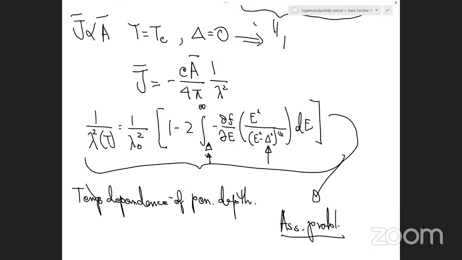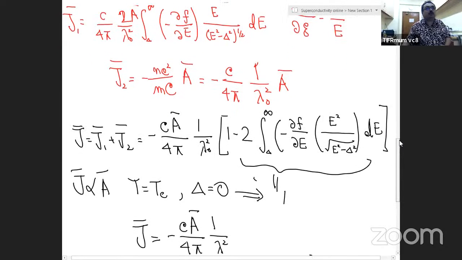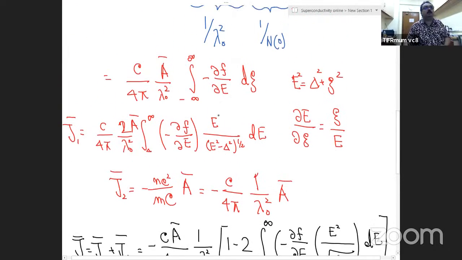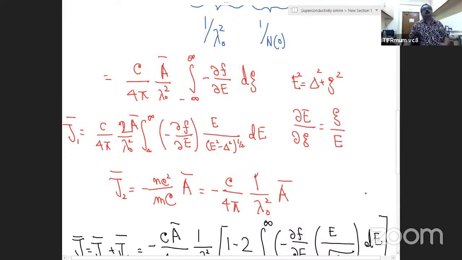It will be E by root over E square minus delta square, not E square. Oh, I see. Yeah, you are correct. It cannot be square. So it was from here that this mistake started. Yes, sir. Okay, let's correct this. Yeah, that is right.